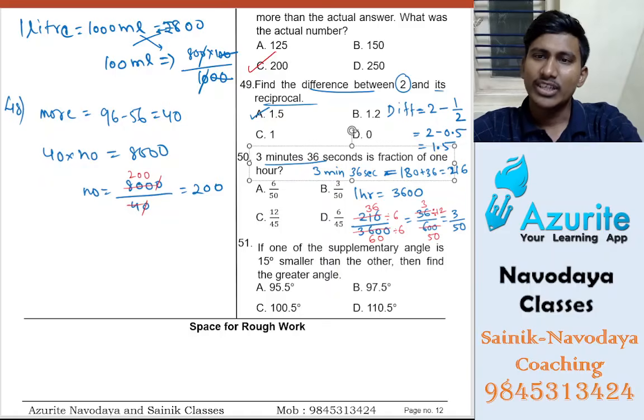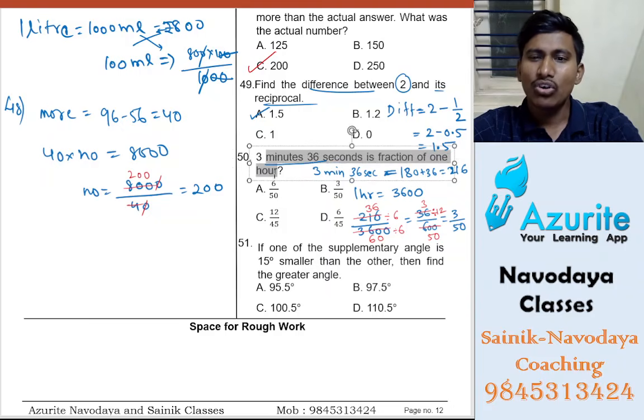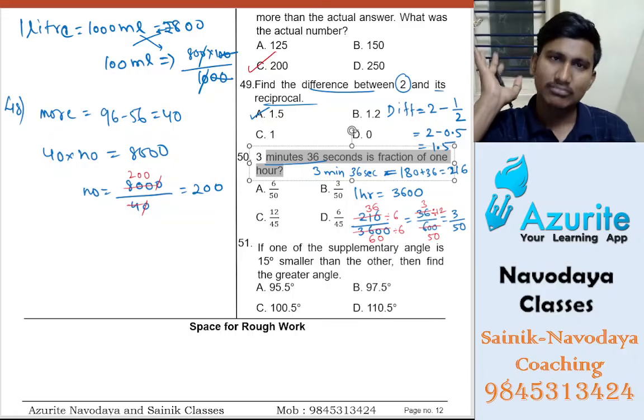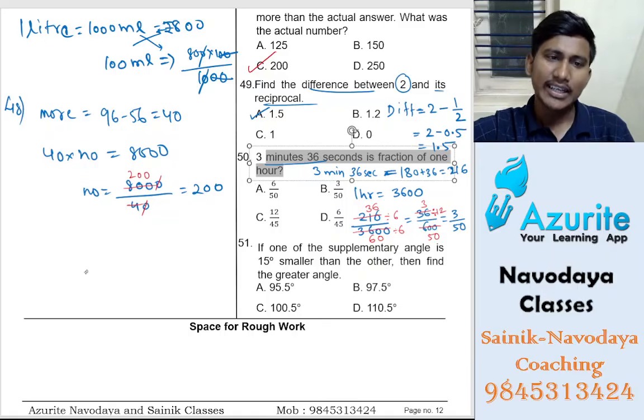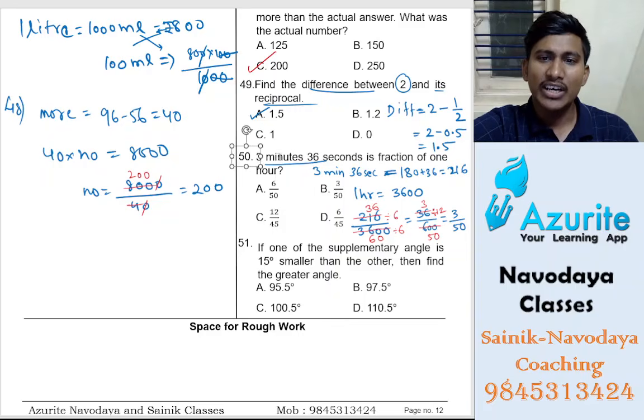So see here students, 50th question. What is the question? 3 minutes 36 seconds is what fraction of 1 hour. Fraction will be division, right? Fraction in the division form. So here you take both in the same unit, because one is in minutes and the other is 1 hour, we cannot divide.